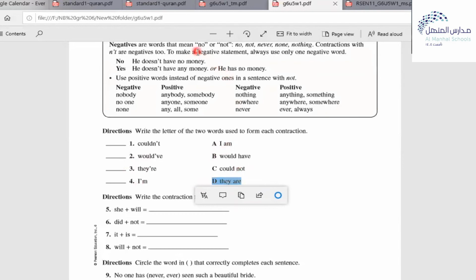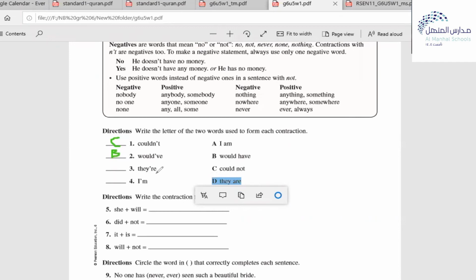So how do you do it? You write by hand like this. Couldn't. The correct answer is could not, so you write C. Sorry, I'm writing with the mouse, so you cannot write well. And would've. The correct answer is would have, that is B. Good.